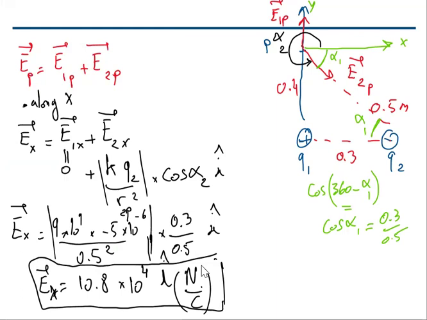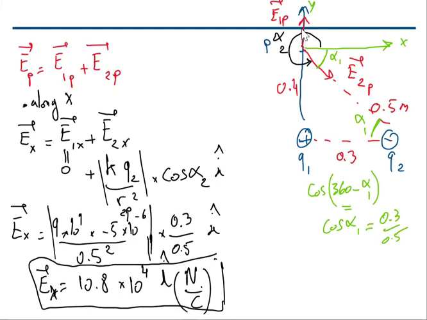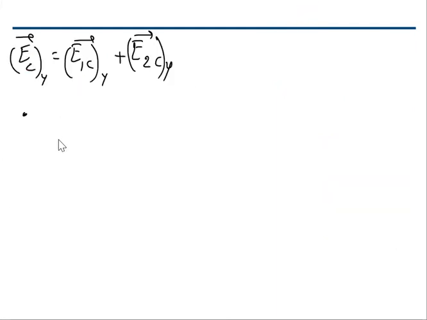Now let's discuss the second component of this vector. We said it's ECY, which is E1CY plus E2CY. The first vector, E1C, is along y, so no need to write the sine and cosine.